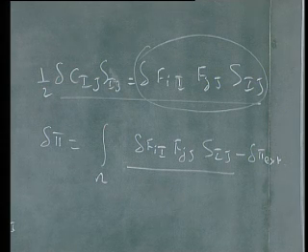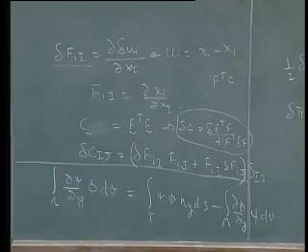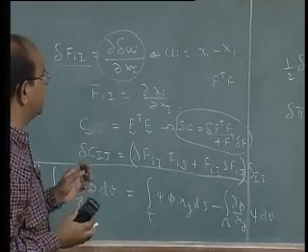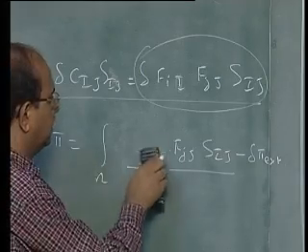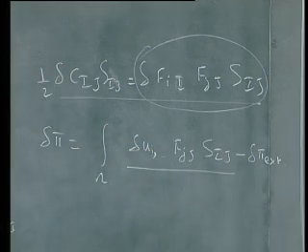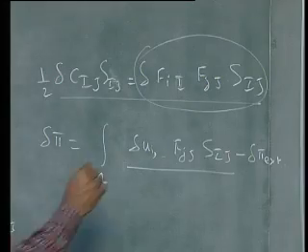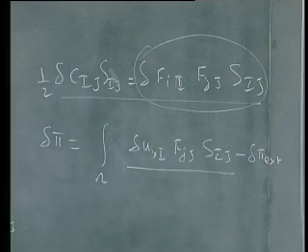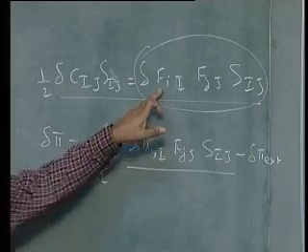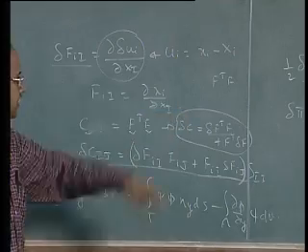One of the things I do before that is to substitute what I know as dou ui by dou xi as delta of ui comma I. What I have done is essentially substitute delta F I J from this expression into that expression.